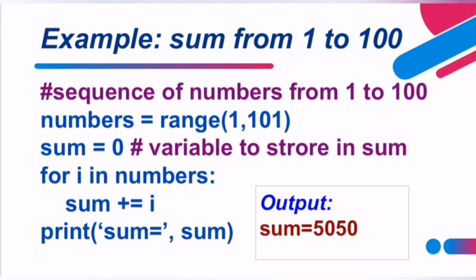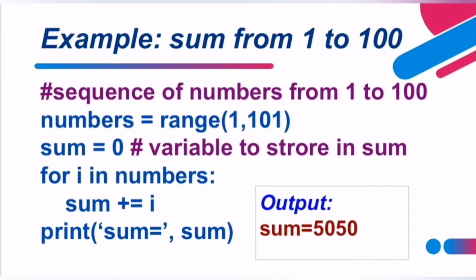In this example, we will see the range sequence. Using a for loop, we will use the range function or range sequence. Here I will give the comment in this program: sequence of numbers from 1 to 100, because we are making a program which gives the result of the sum from 1 to 100.